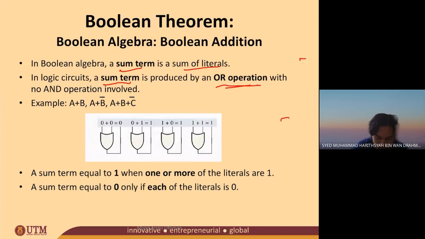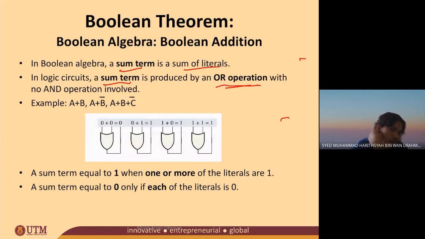So the easiest way to write it: the Boolean addition is just A plus B bar, A plus B plus C bar. So these are examples of the Boolean addition.